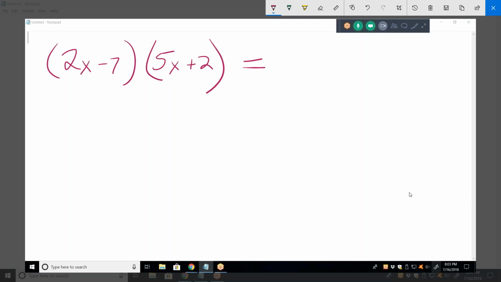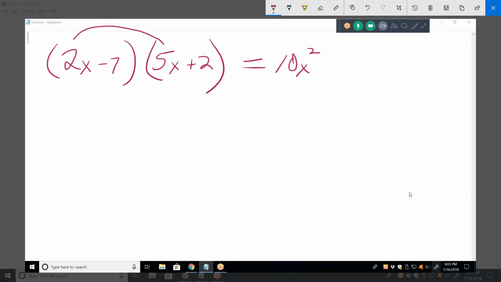Okay, what do you get? First is that's 10x squared. Okay, FOIL. Do it in the same order always. That's one of the secrets of math, is making sure you don't do it randomly in whatever order you feel like at the time.